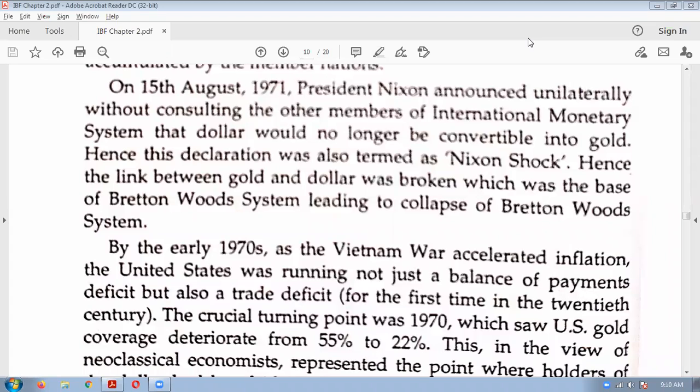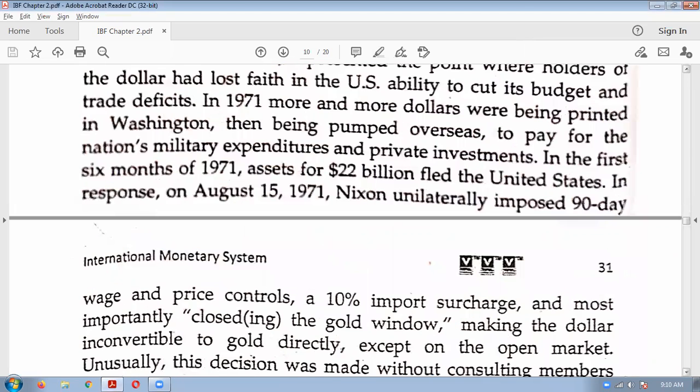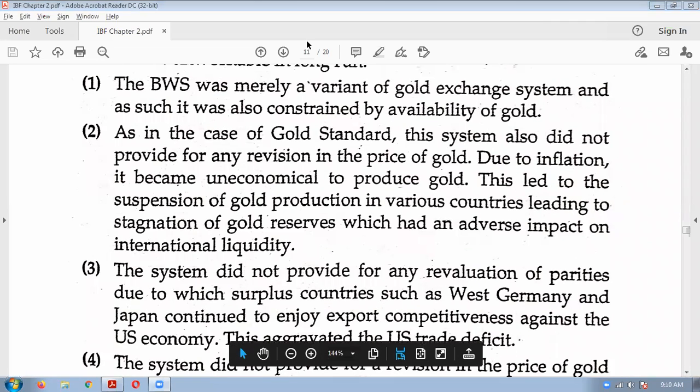The same thing happened, and it led to the collapse of the Bretton Woods system. So, does everybody understand why the Bretton Woods system collapsed? It is known as the Nixon shock. Clear, everybody? So this is about the Bretton Woods system, and we have discussed the main important things.